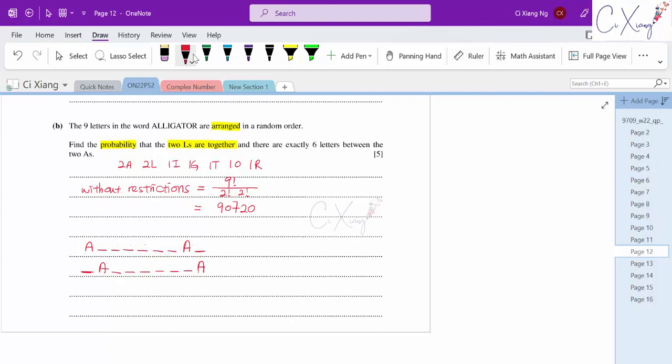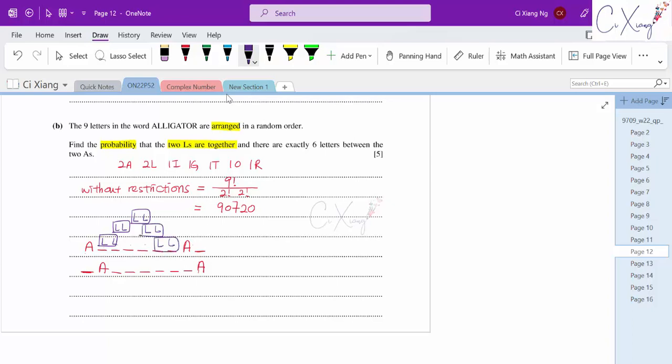Now the second restriction is that they want the 2 L together. So the L must be either like this, which is 1, then here is 2, here is 3, this one 4, and this one 5.